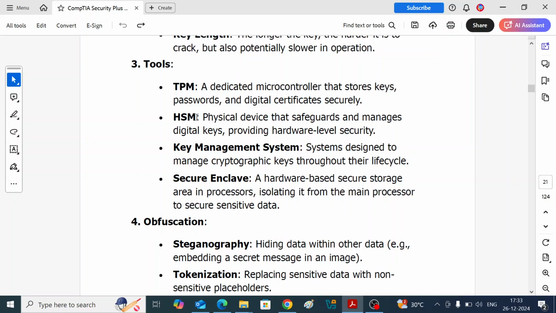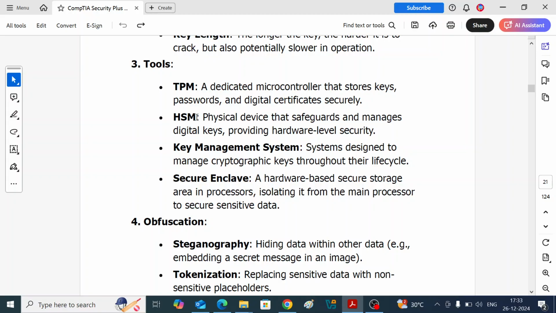So hardware security module, HSM. It's a physical or cloud computing device that provides secure cryptographic processing, key generation and storage, encryption and decryption services. If we go by the description here, it's a physical device that safeguards and manages digital keys, providing hardware level security.